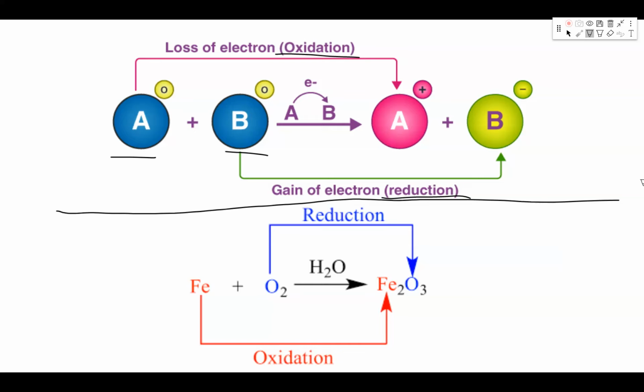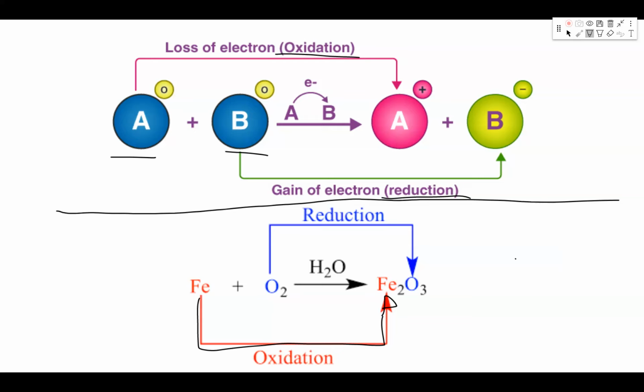When iron is exposed to oxygen, that iron is oxidized and that oxygen is reduced. So this is a redox reaction we see all the time, and we try really hard to keep it from happening on our cars. Well, if you're me and you're used to driving old cars. Oxidation, reduction. Something's going to lose, something's going to gain.